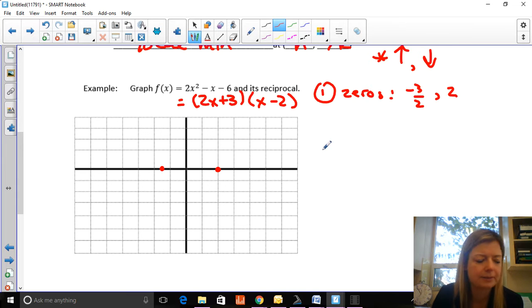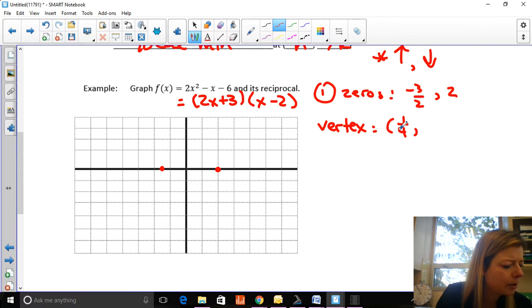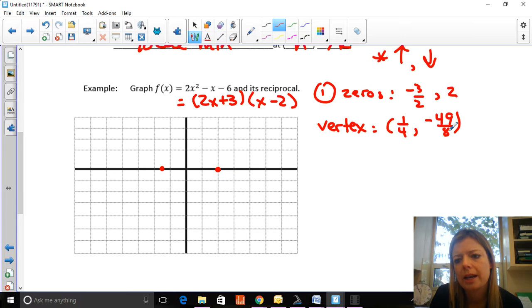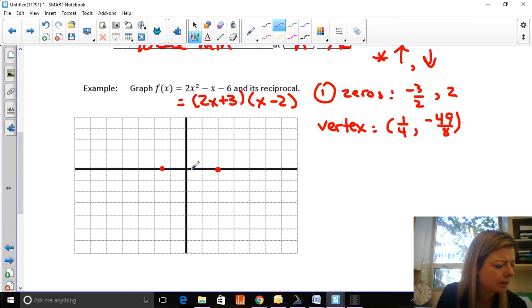Okay, the vertex, if you use minus b over 2a, you get a quarter, so x equals a quarter, and y equals minus 49 over 8. Which, let me think about that, 6 times 8 is 48, so it's just below -6.